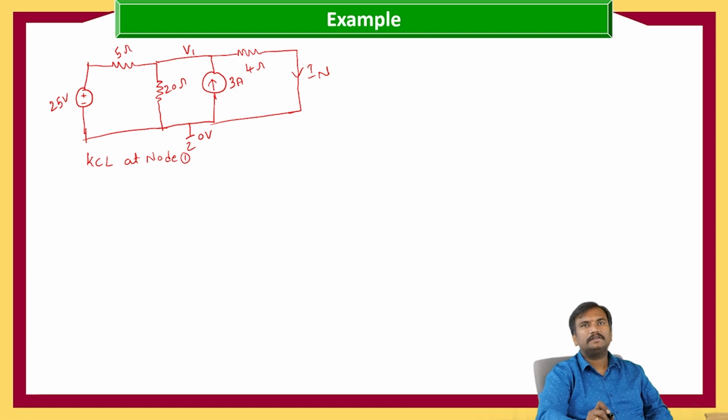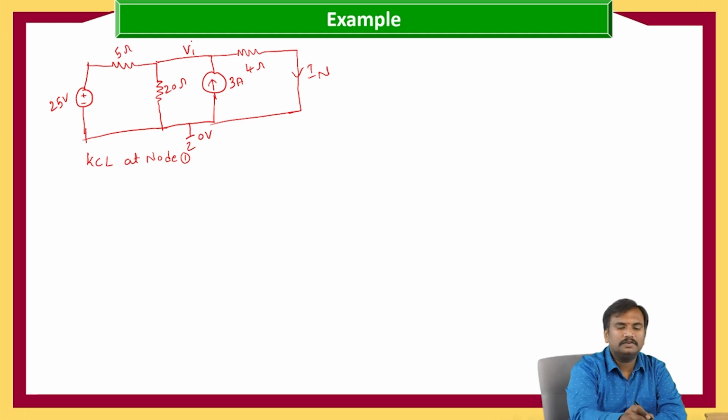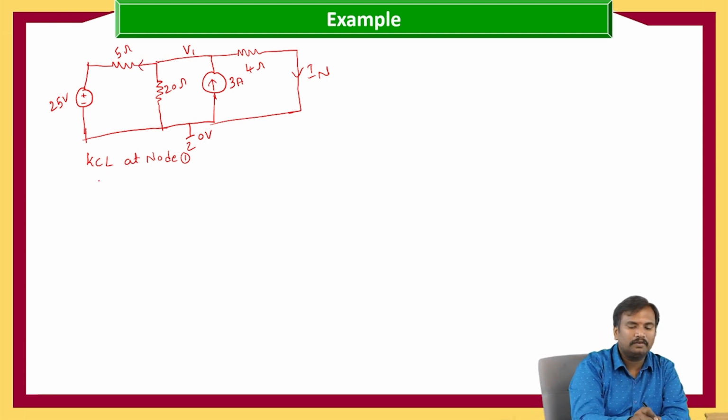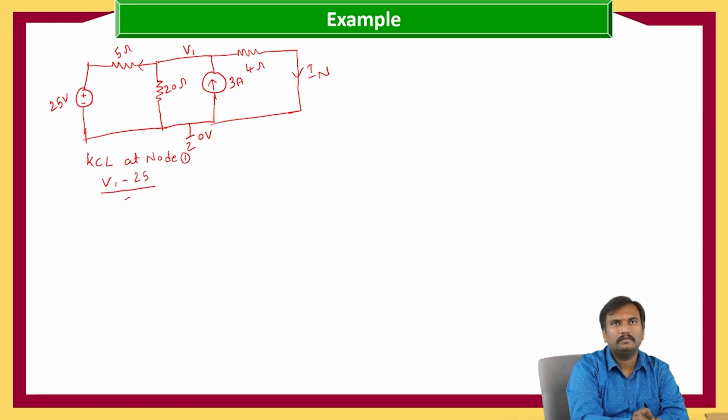Here in nodal analysis, whenever we write the KCL, we assume that all the currents are leaving the node. So the current flowing through 5 ohms is V1 minus 25 by 5, plus V1 minus 0 by 20, the current flowing through 20 ohms.